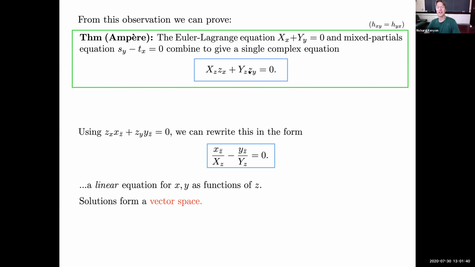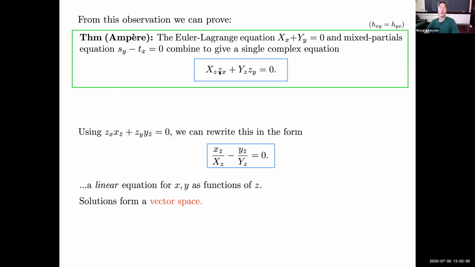Well, you can kind of see how this relation is related to this one, except that if you expanded out the Euler-Lagrange equation by using the chain rule, you would also get a z-bar term. But it turns out that the z-bar parts are equal to the z parts, and so really this is what it ends up being. Okay, so that's very, very nice.